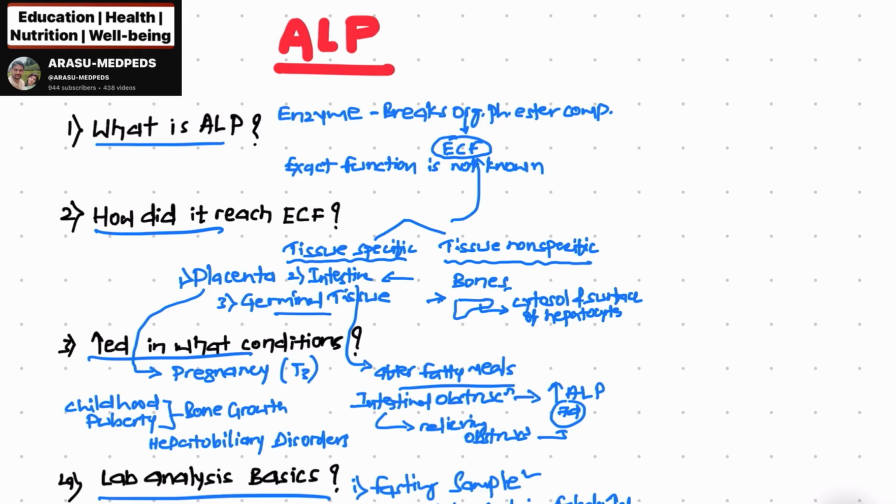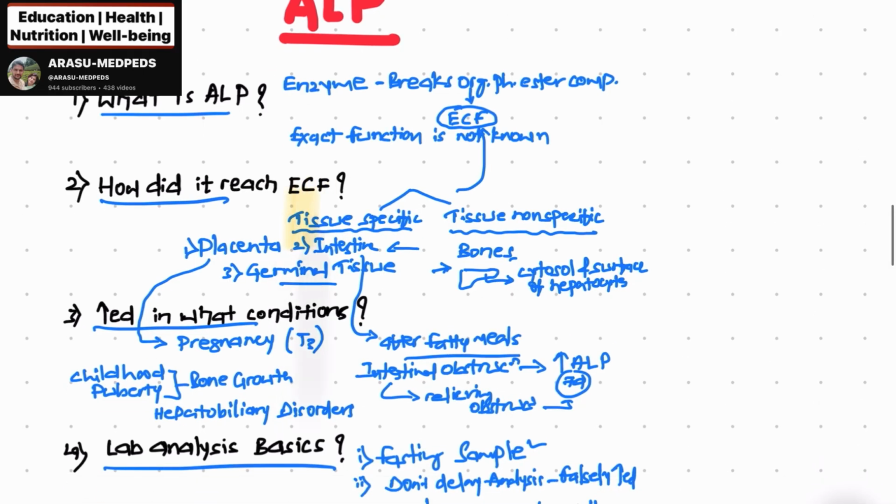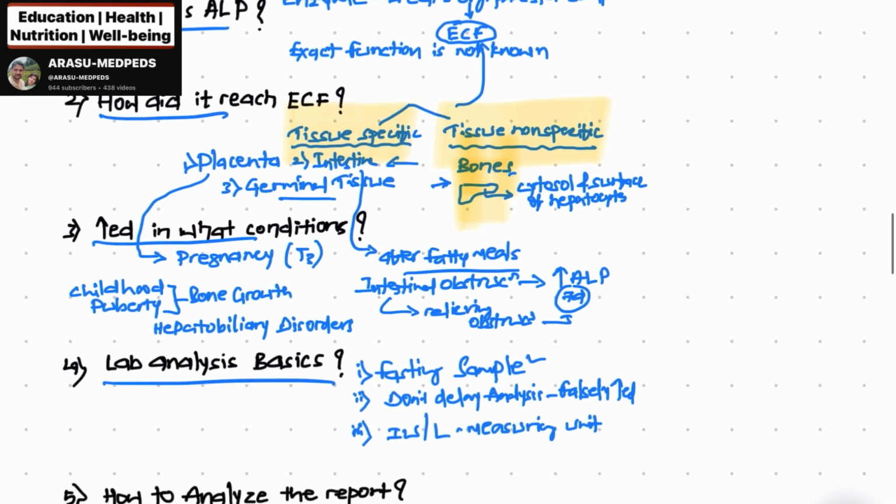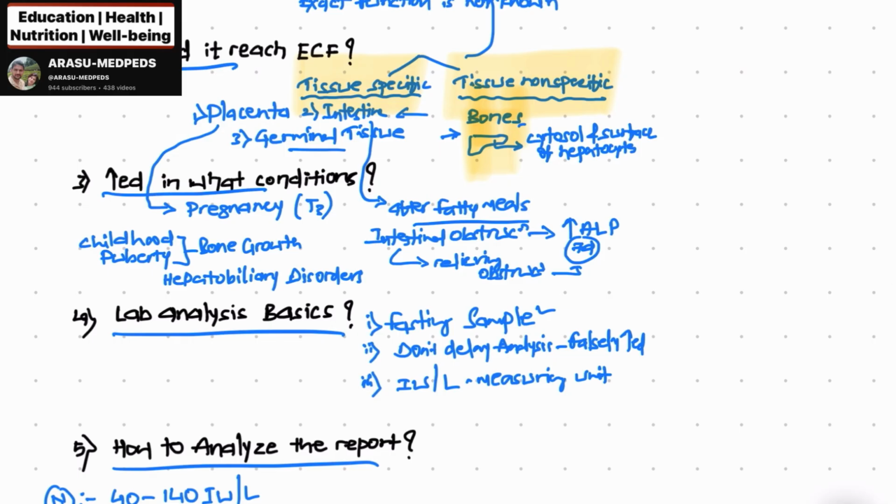And regarding the sources, we can divide it into tissue specific, tissue non-specific. Tissue specific will not contribute much to the serum levels. Important thing is tissue non-specific, where bones and liver are the major sources. So according to each source, we can consider some conditions in which this enzyme will be elevated.